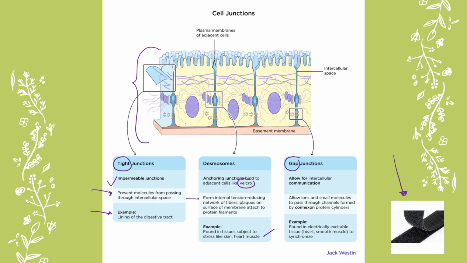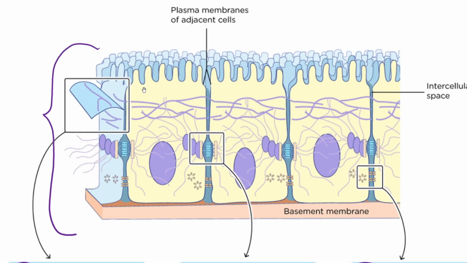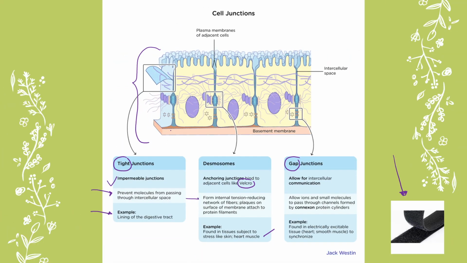Lastly, your gap junction. From the word gap, meaning to say there is a space in this junction, right? Looking at this image here, the third one. And that gap, that opening, allows for intercellular communication.